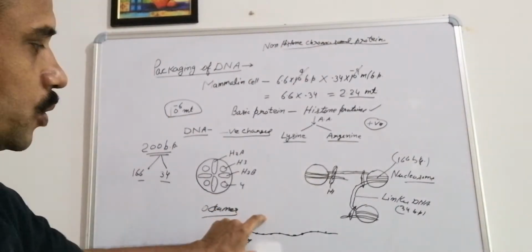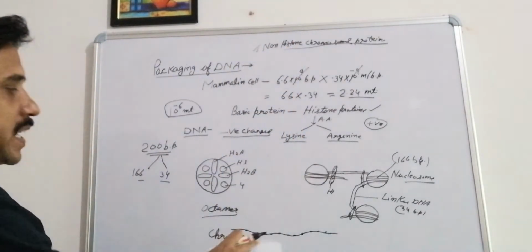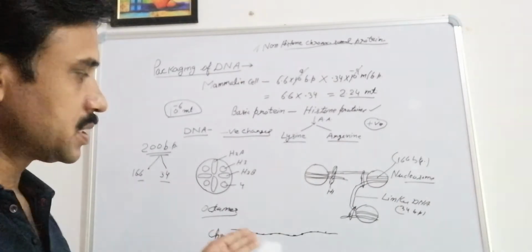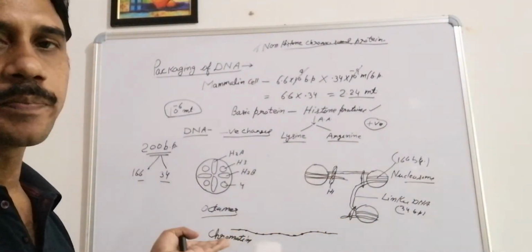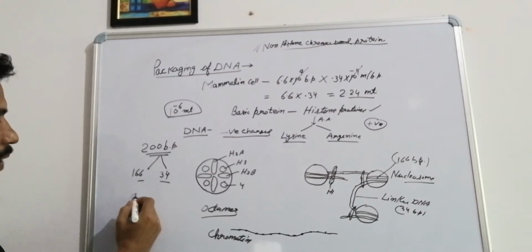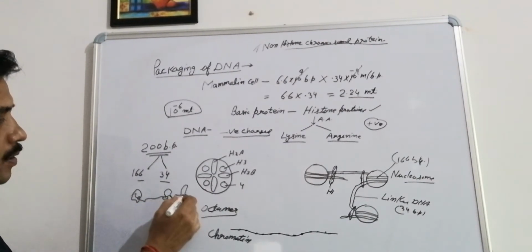Okay. Now one more thing which is coming here. When this chromatin is being packed, in the process of packaging, what happens at that time? At certain places the packaging becomes very dense, and at certain places packaging is loose or rare.